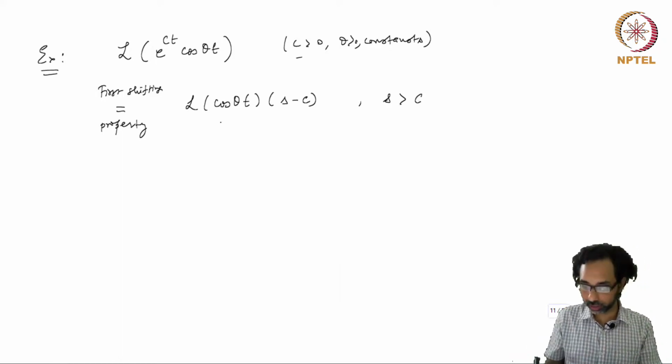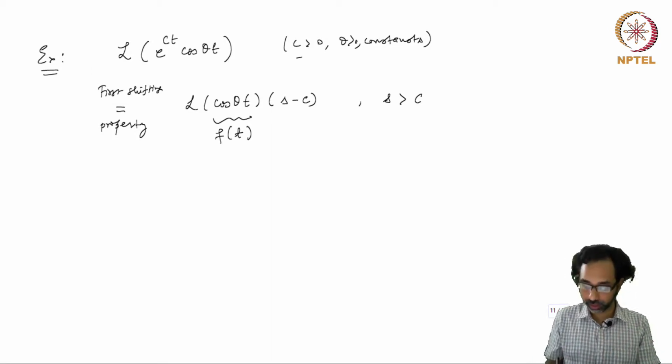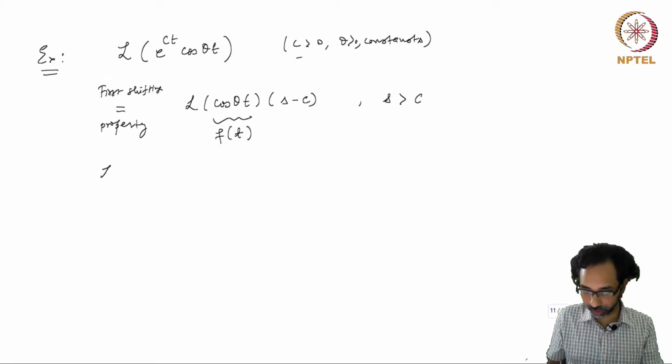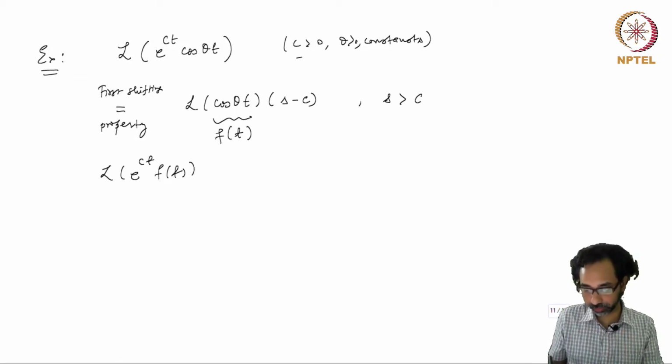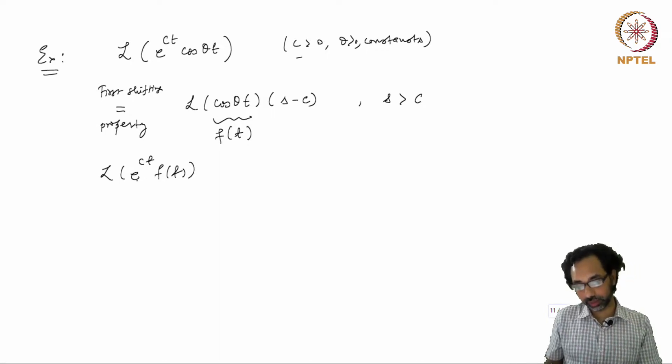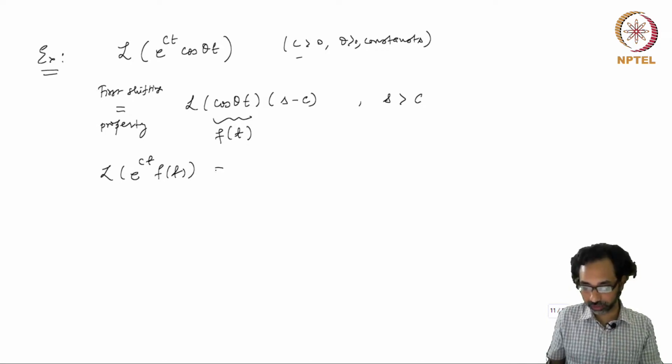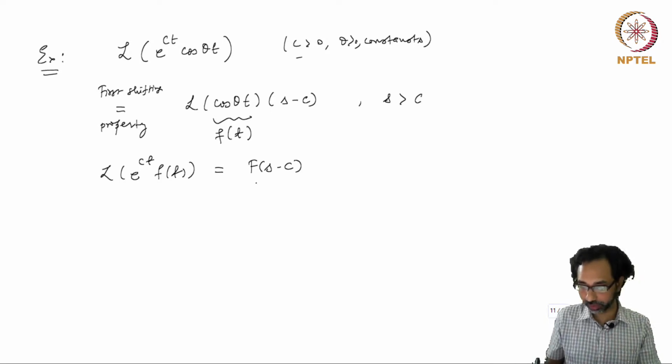Note that here we have taken our function cos of theta t to be our f(t), and so we are trying to compute the Laplace transform of e to the ct f(t), which by the first shifting theorem is F of s minus c, where F is the Laplace transform of f(t).